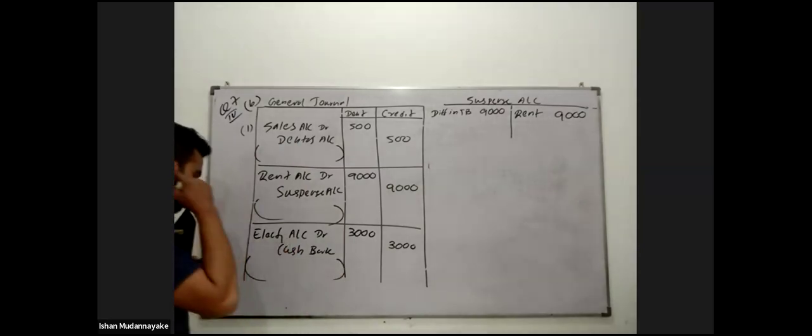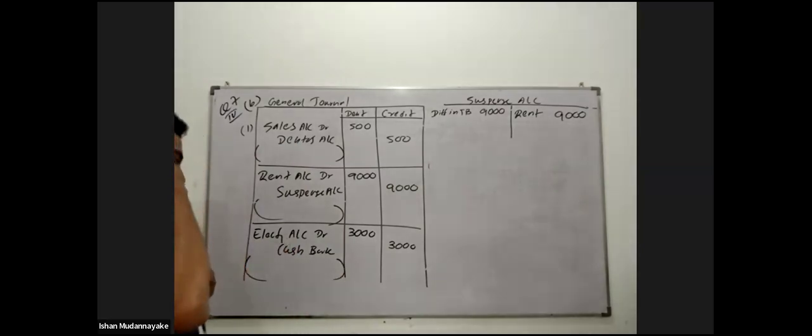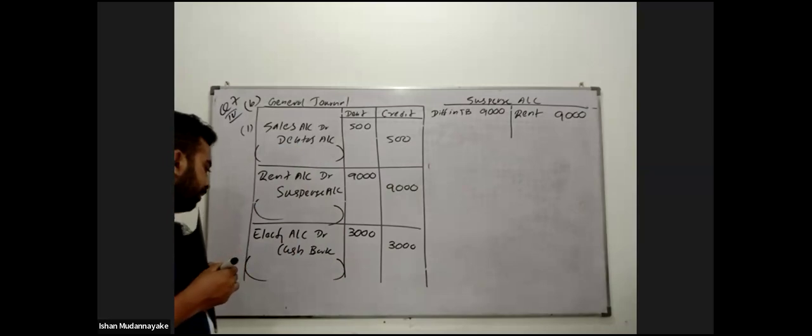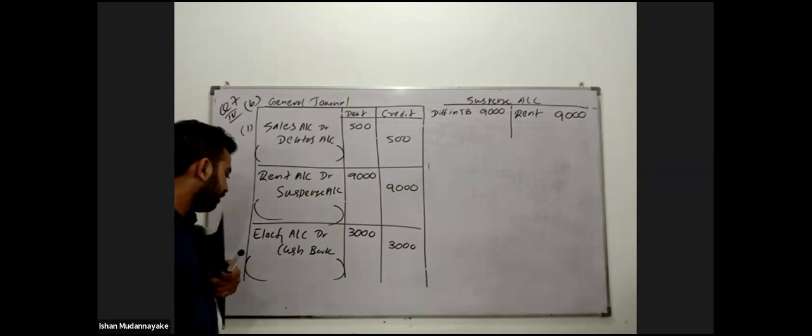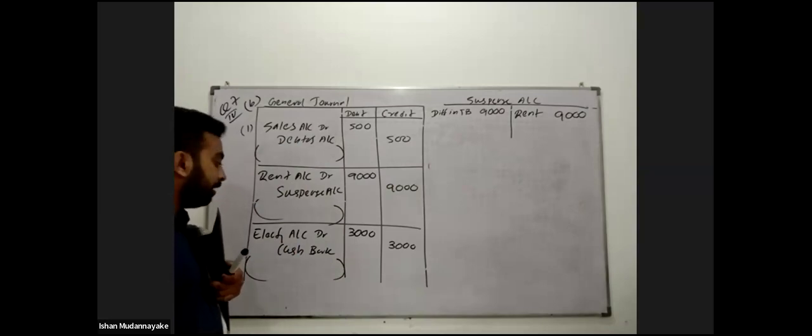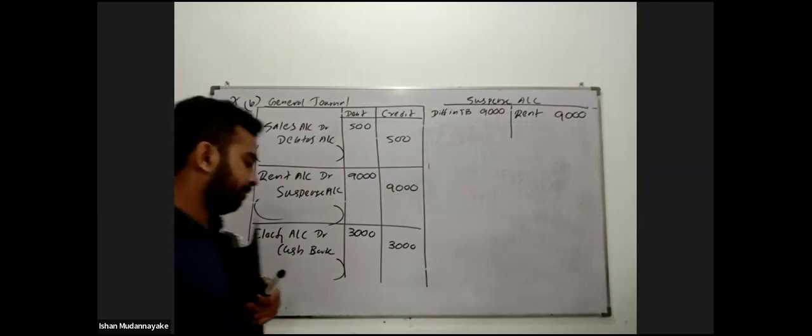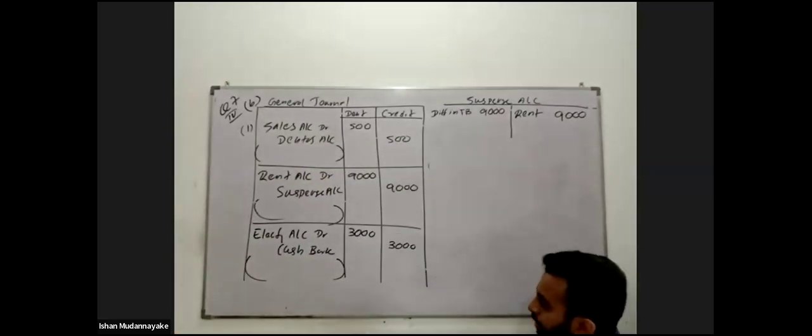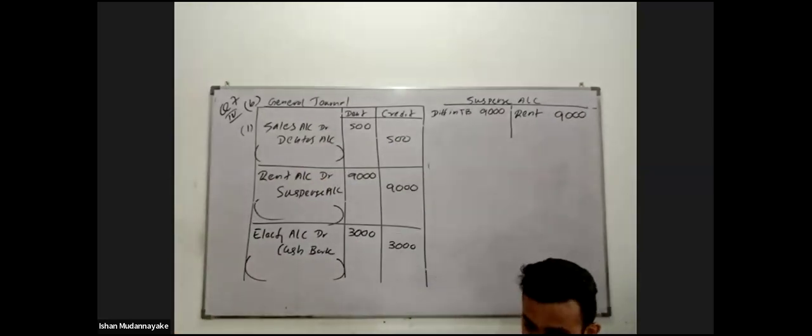Right. Then you need to write the narration. How to write the narration? Narration: Recording of omitted electricity bill of 3,000.